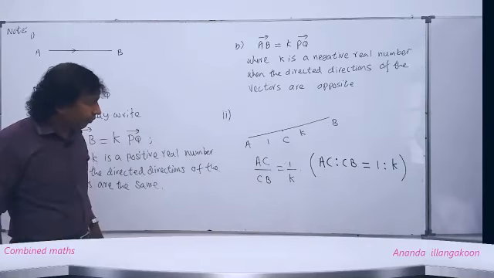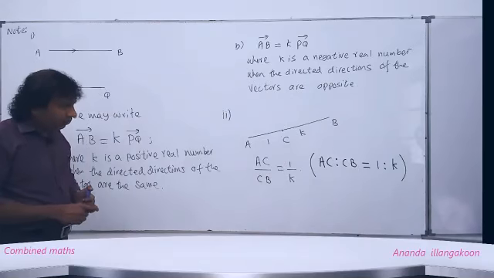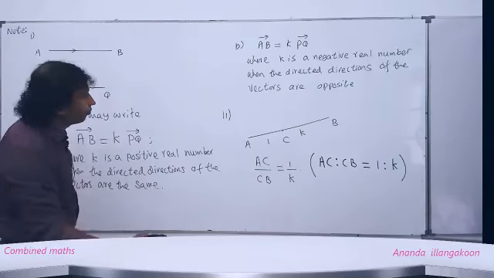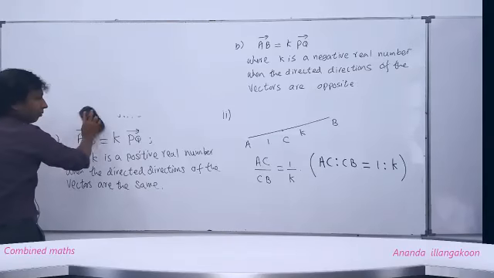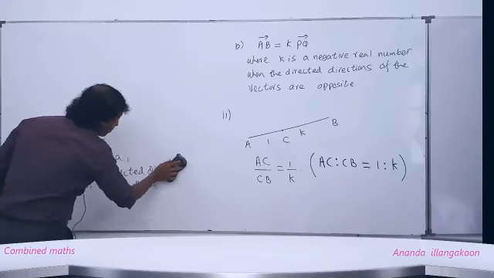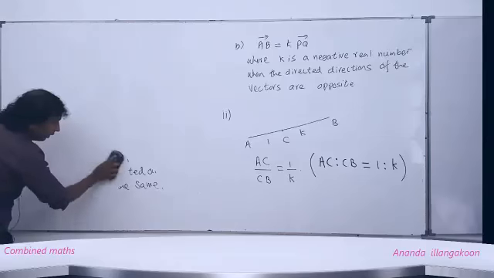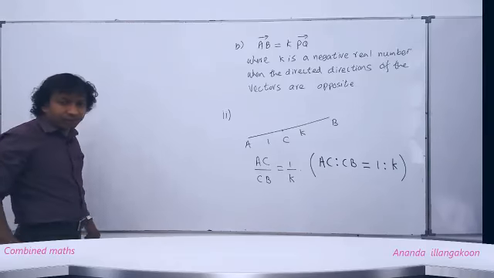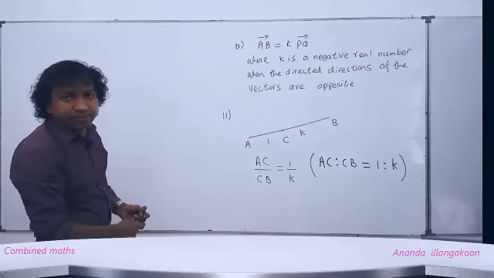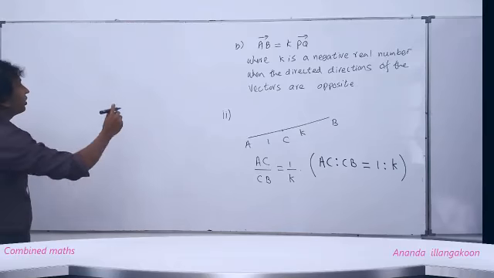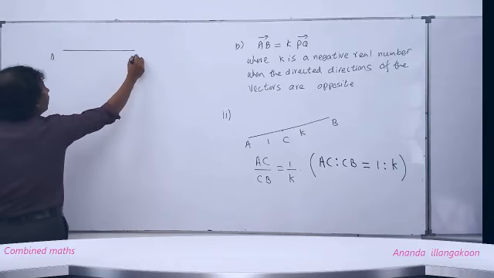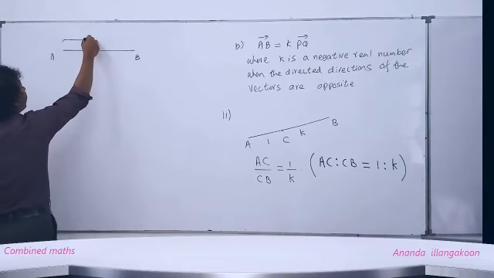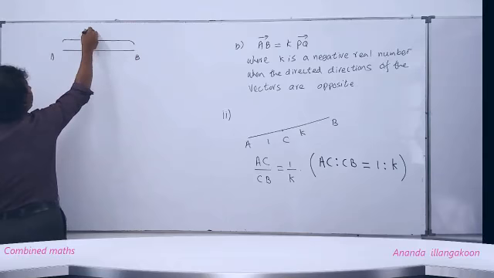Right. Now, people, can you tell me the AC length in terms of AB length? Grade 5 question I am asking. Suppose we have a line segment AB. Its length is 10 centimeters, for example.